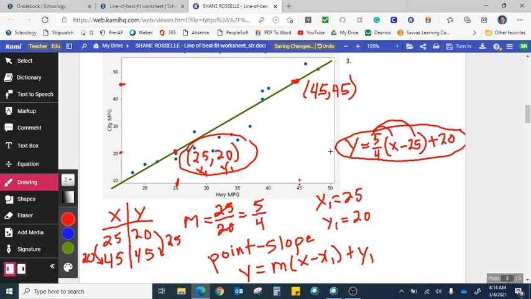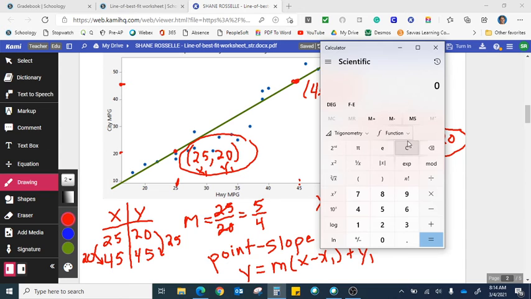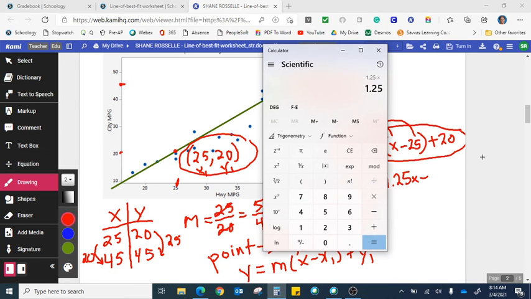Okay? So I'm going to write it as 1.25 because I know that 5/4 is 1.25. It's 1 and 1/4. So I'm going to say 1.25x minus, and I can go into my calculator, 1.25 times my 25 right here.